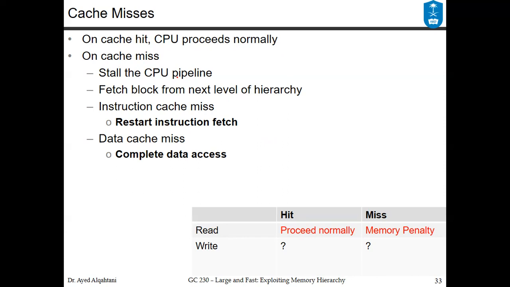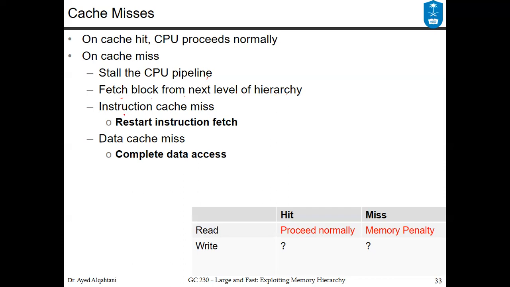And usually you stop for a longer number of cycles because now you are accessing memory, which is much slower than the registers. So you stall the CPU pipeline and fetch the block from the next level of hierarchy, and usually this is going to be the main memory or the second level of the cache.